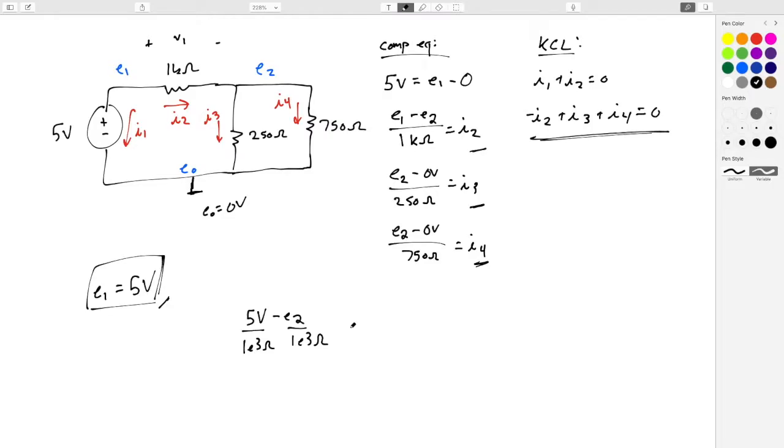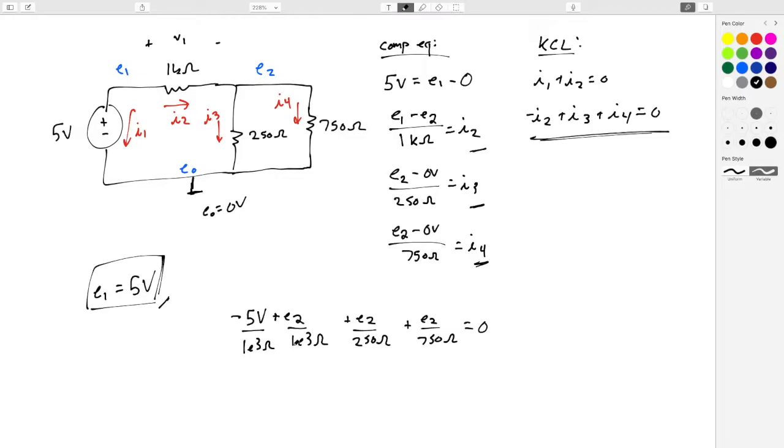And that's, whoops, that's a minus. So let's do minus and then plus. All right, let's then do the next one. So that'll be E2 over 250 ohms. Then it'll be plus E2 over 750 ohms equals 0. Fantastic.